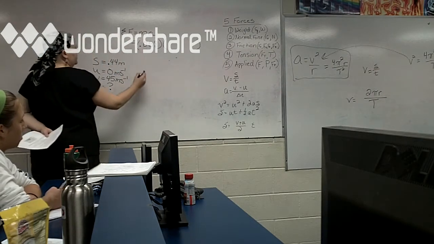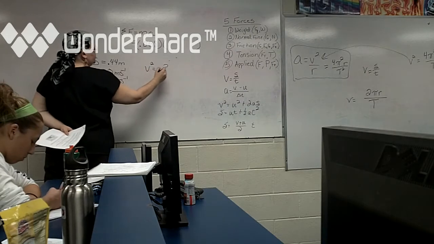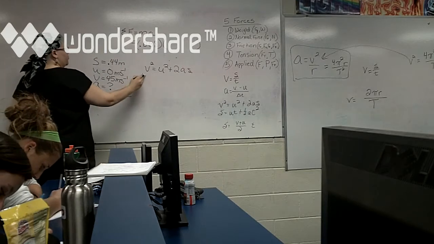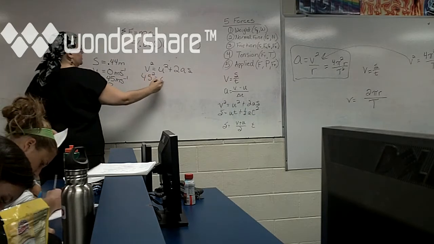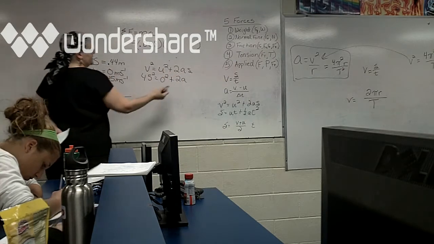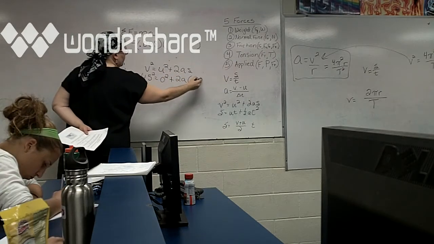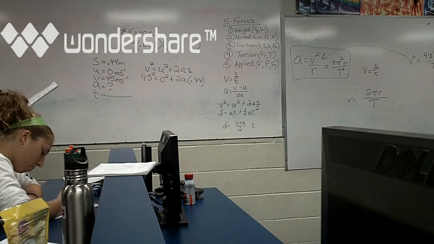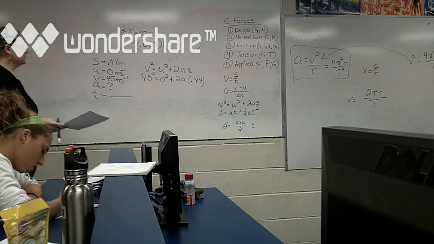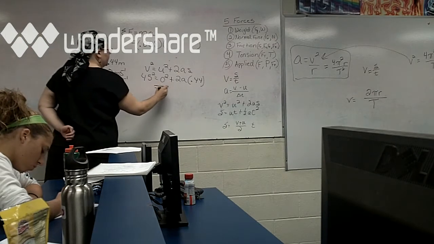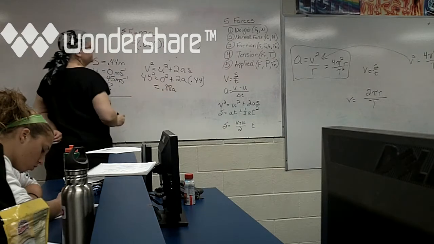Okay, so v squared equals u squared plus 2as. 45 squared equals 0 squared plus 2 times the acceleration we're looking for times s, which is 0.44. This is 0.88a. What's 45 squared?